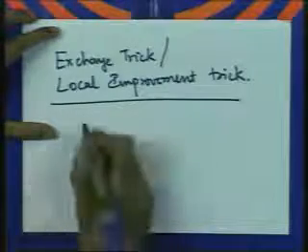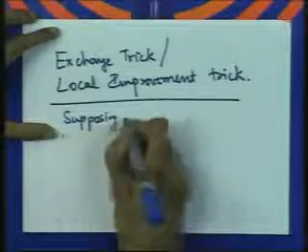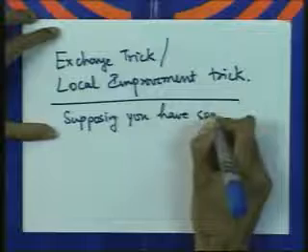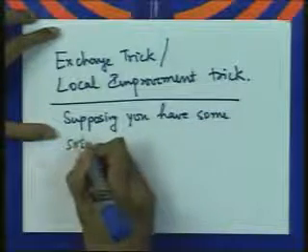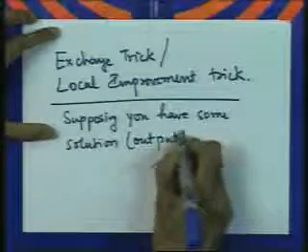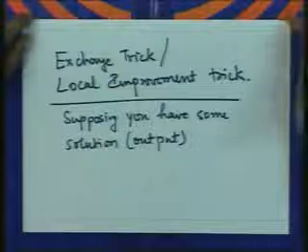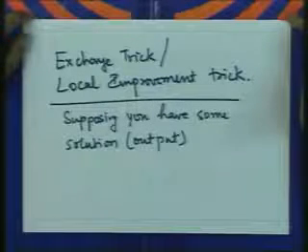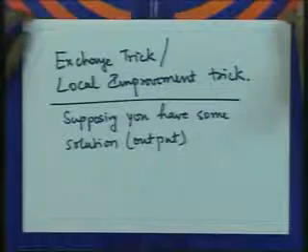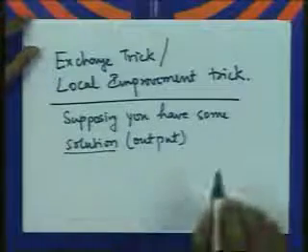Supposing you have some solution, some generic output for the problem. There's an input and you want an output. Well, usually you want an output which is maximum in some respect, or minimum in some respect, or optimum in some respect. But supposing you just take some solution which may not be optimal.